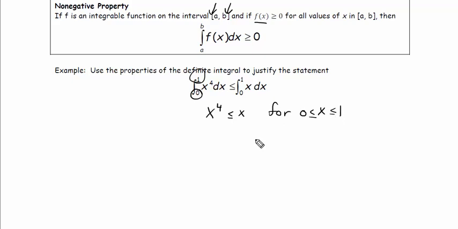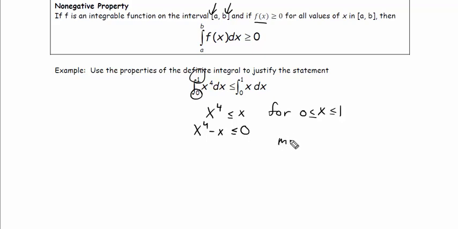Alright, so you can substitute some values in and verify for yourself that numbers in that interval from 0 to 1 satisfy that property. Then I'm going to subtract the x so that I get a 0 over here.